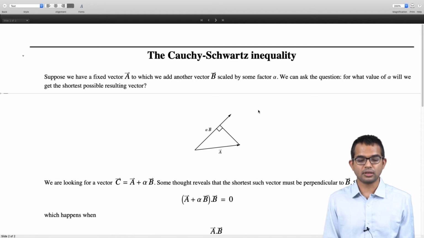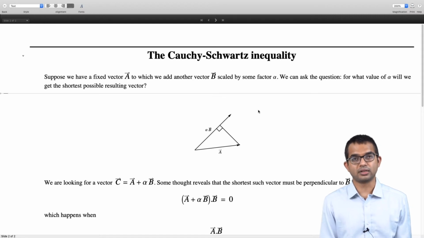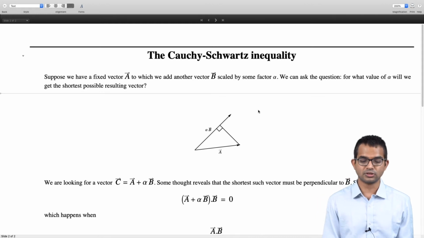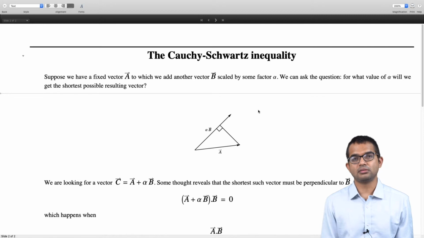There's a whole set of vectors that can come about, because this alpha is a factor that can take all real values, right?